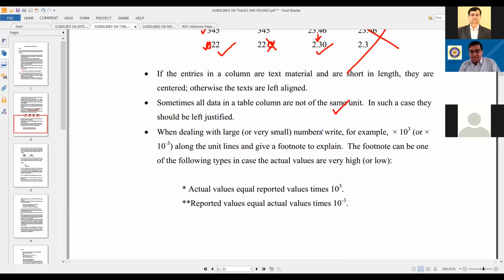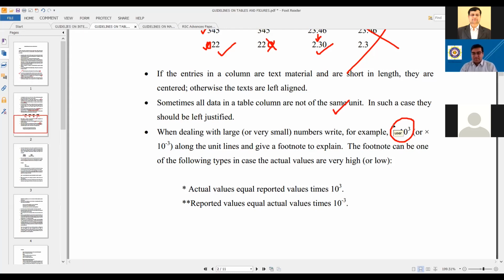When dealing with large numbers, express that in terms of scientific notation, 10 to the power 3 or 10 to the power minus 3, 10 to the power 9, 10 to the power minus 9, right? Along the unit lines and give a footnote to explain.